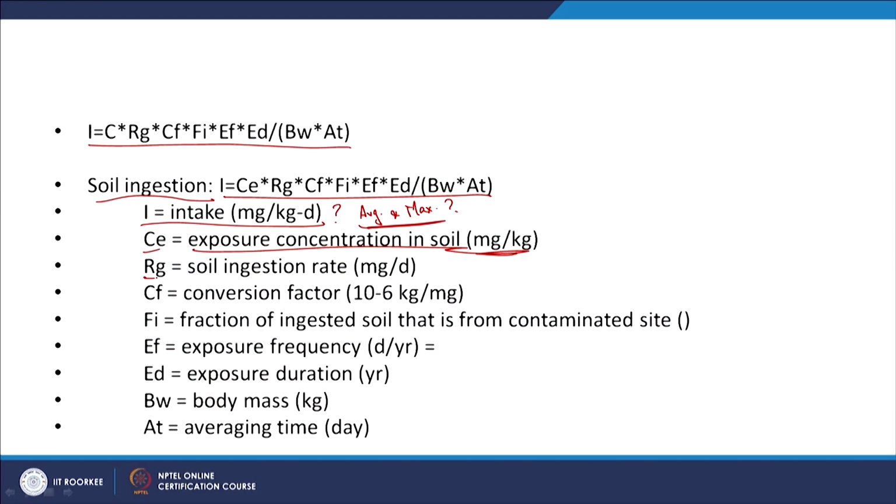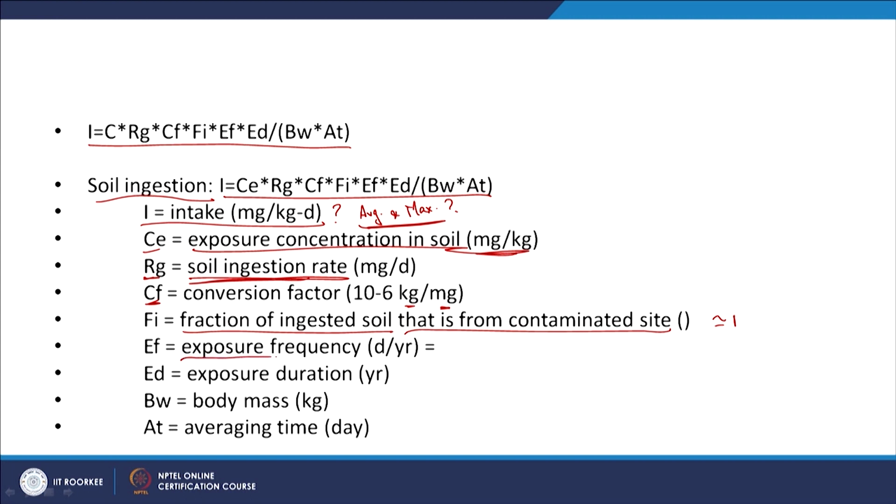And then the soil ingestion rate, at which soil is accidentally ingested, we are going to have some standard values here. The conversion factor from kgs to milligram is 10 power minus 6, and the fraction of ingested soil from the contaminated site, here I guess we are going to go with the conservative estimate and take it to be 1.